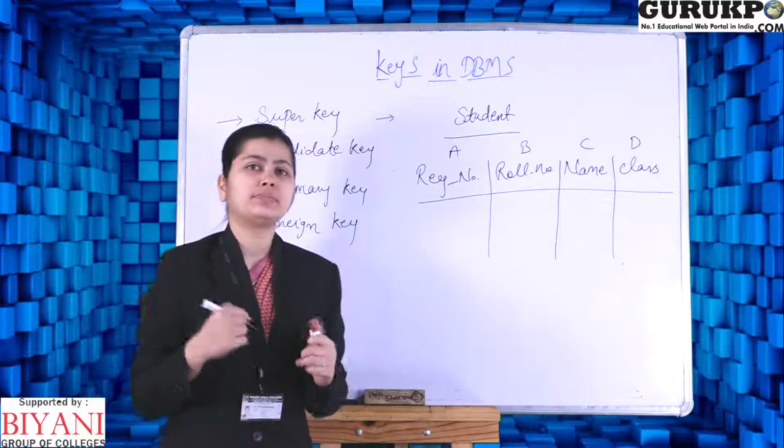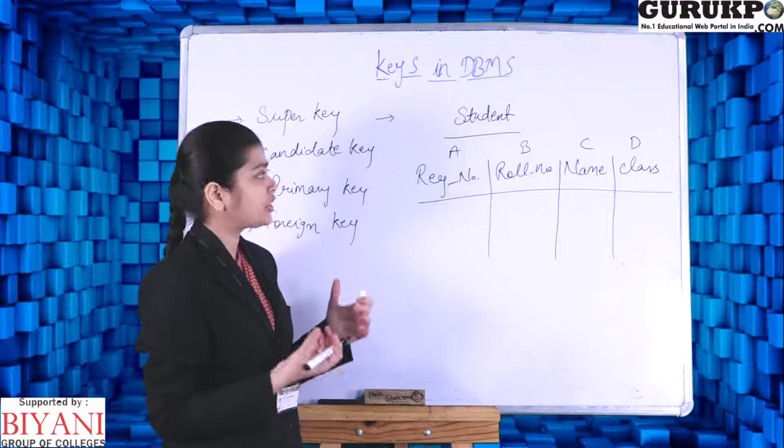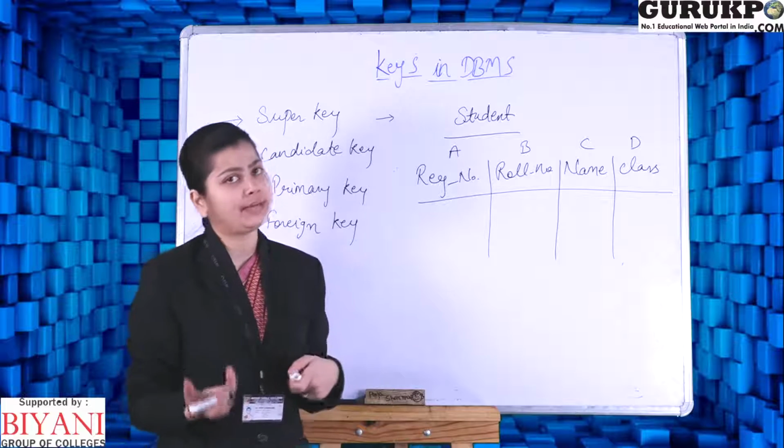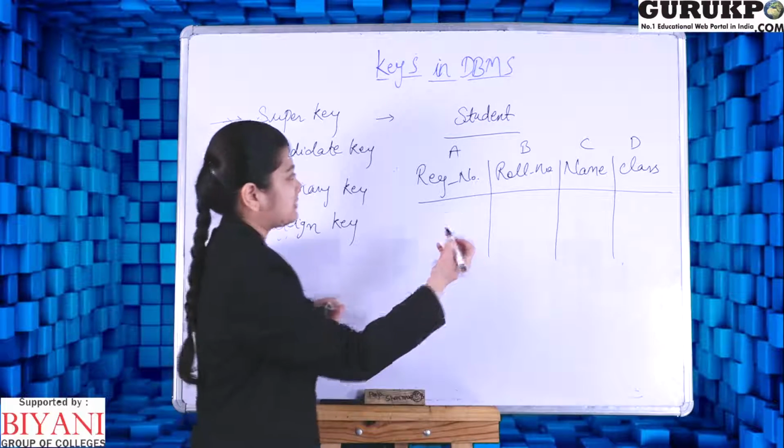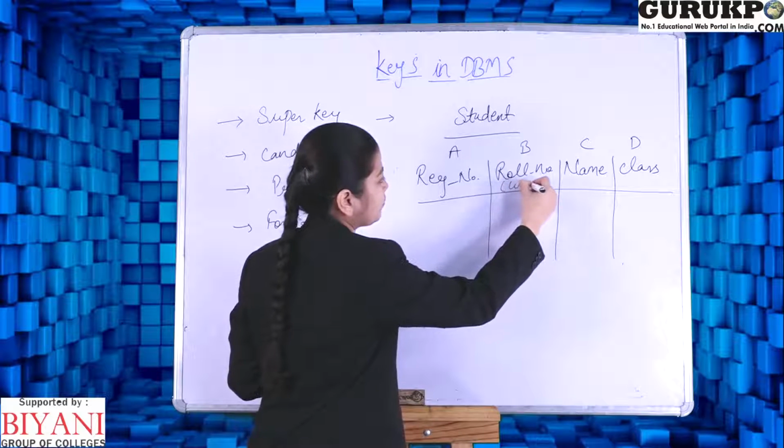A super key is the combination of all possible attributes which can uniquely identify each and every record of our table.